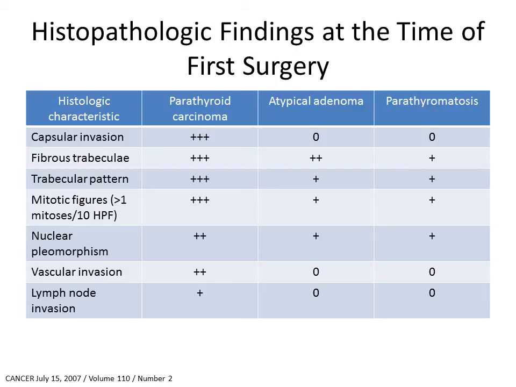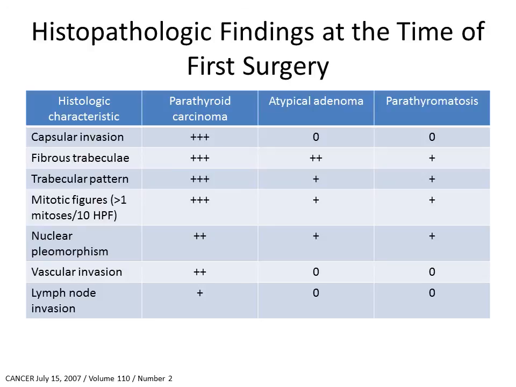Ki67 may help. When you see a high Ki67 proliferation index, you can be more prone to call this parathyroid carcinoma. Nuclear pleomorphism is a soft criterion, because all endocrine tumors will have some endocrine atypia, but parathyroid carcinoma will have larger atypia compared to the other two lesions.